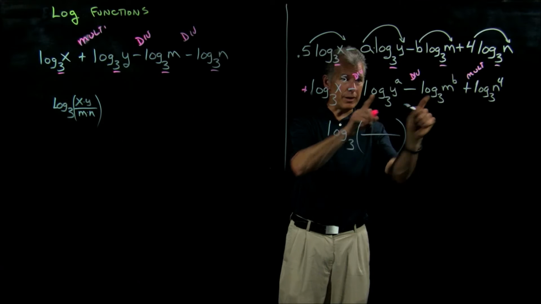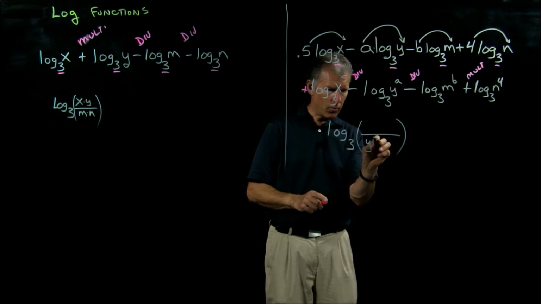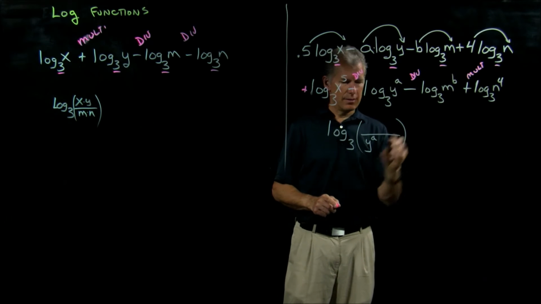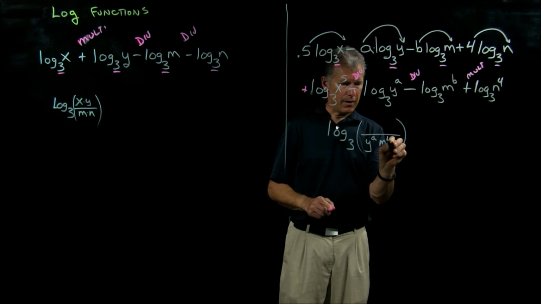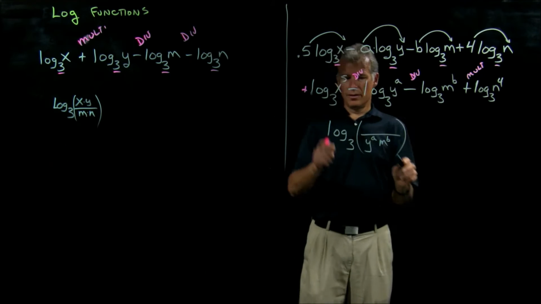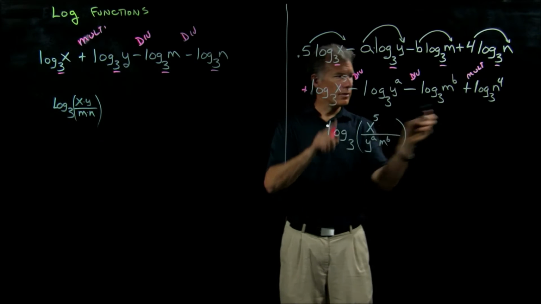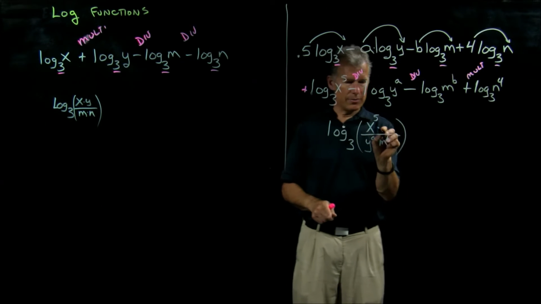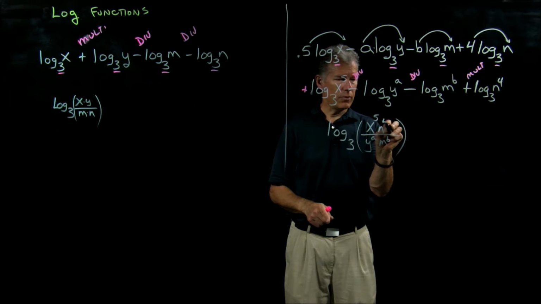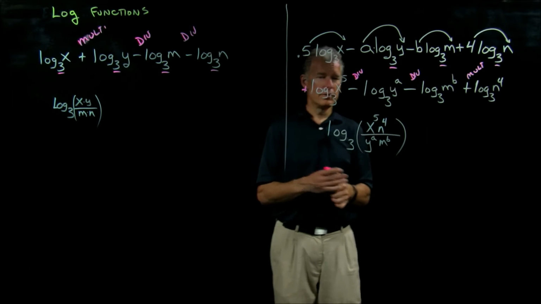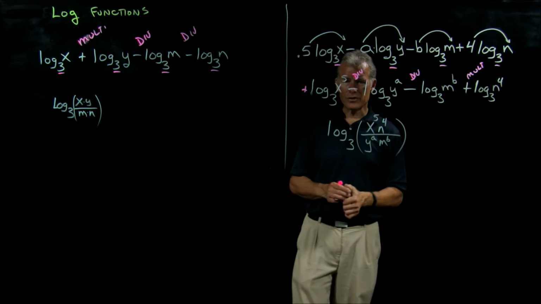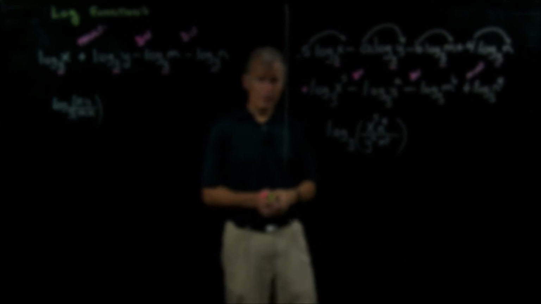The things we're dividing by. Y raised to the power of a, m raised to the power of b. And in our numerator, we're going to have the x to the 5th power times n to the 4th power. So let me give you a couple more examples, and we'll wrap this up.